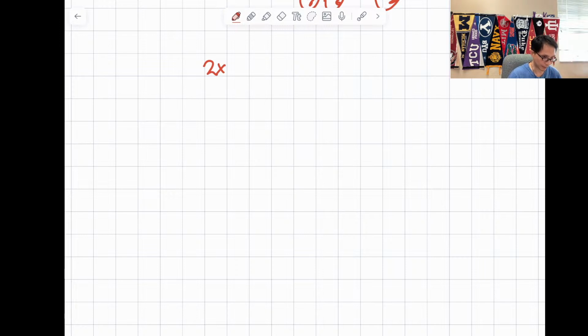Okay, so yes, 2x cubed y minus 98xy squared. I want you to factor this completely.